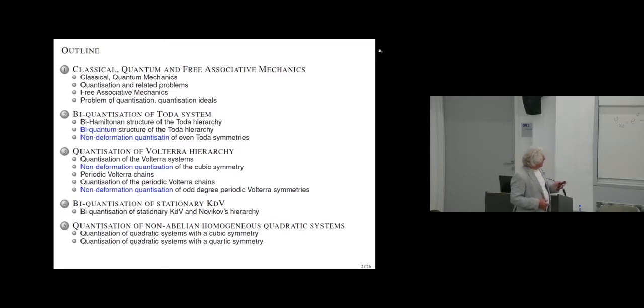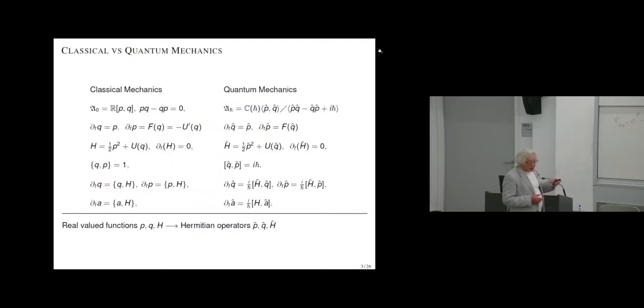So basically, I want to give a somewhat non-orthodox definition of quantization. And let's begin from the orthodox definition. The simple case is classical mechanics and quantum, and I choose the simplest example one can imagine.